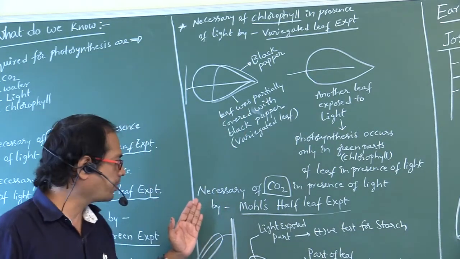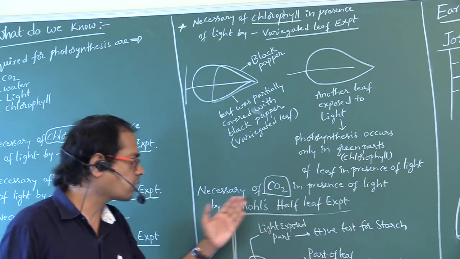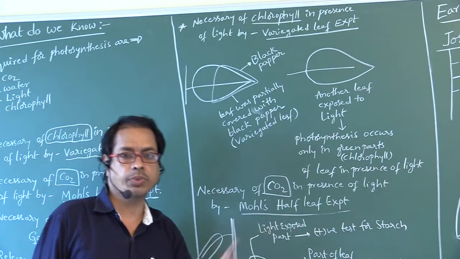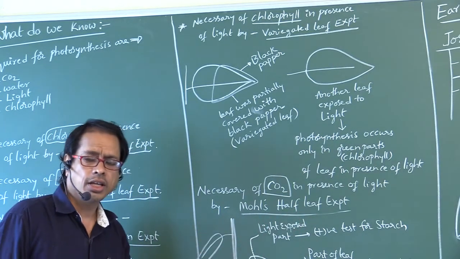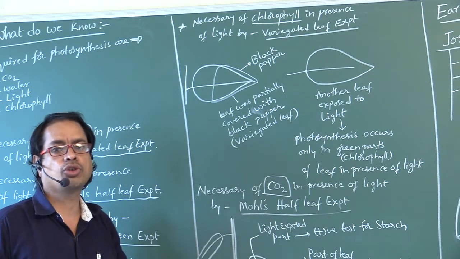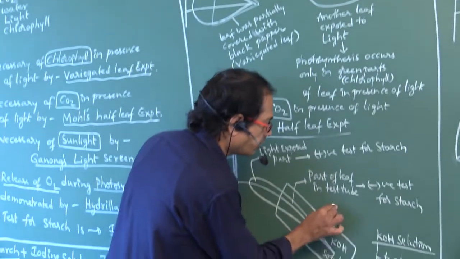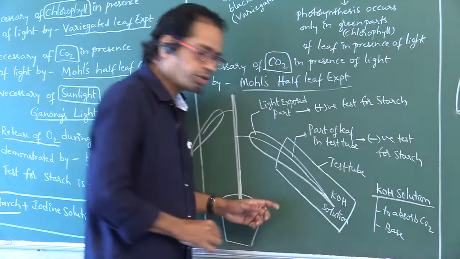Next, another experiment, my dear students: the necessity of CO2 in presence of light can be demonstrated by Moll's half-leaf experiment. Let's say this is the plant, and a narrow-leaved plant should be taken. This is the test tube.